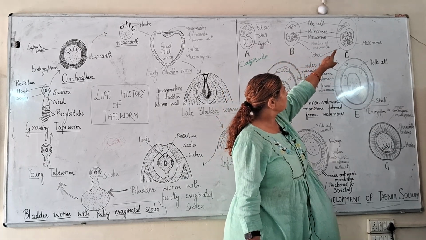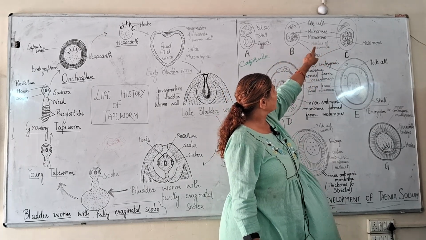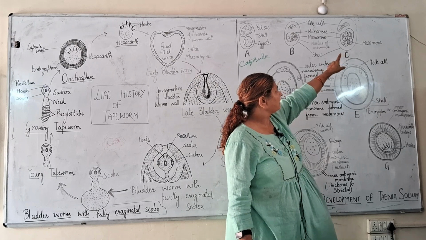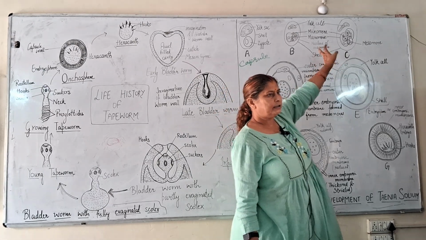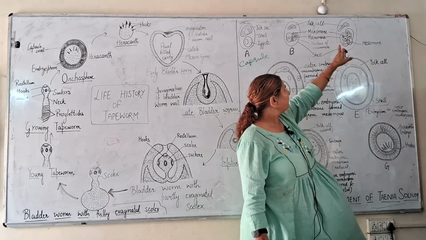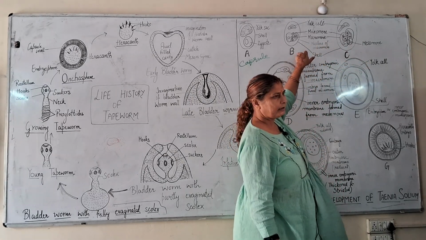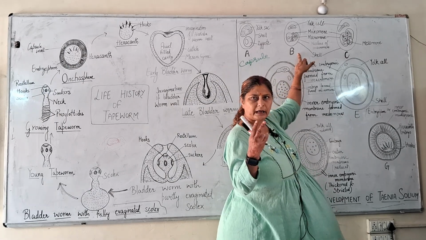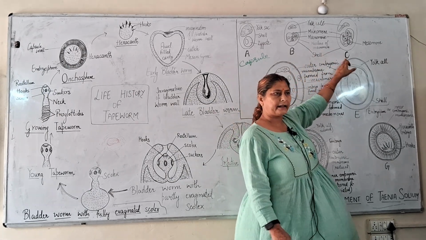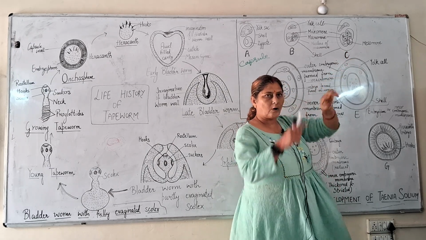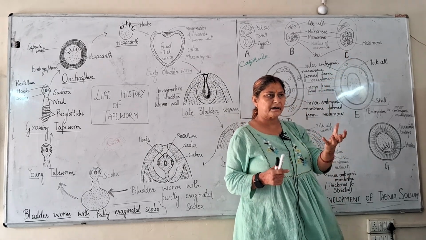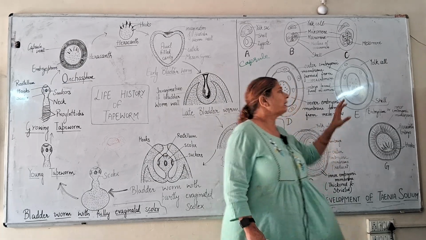You can see this here: micromeres, macromeres, and a third type of cell formed additionally. In the earlier capsule there are two types of cells, and in the later capsules there are three types of cells within the shell membrane.